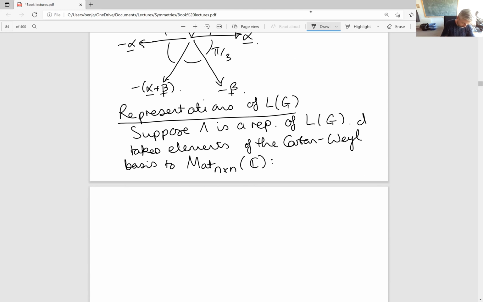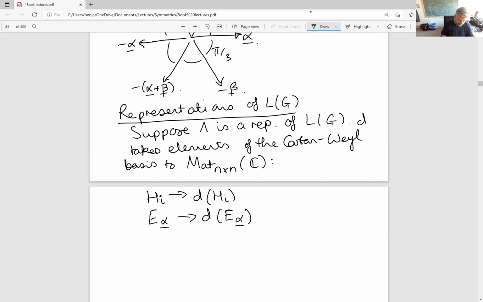So our elements of the Cartan subalgebra become some n by n matrices made of complex numbers, and E alpha goes to some matrices representing E alpha.